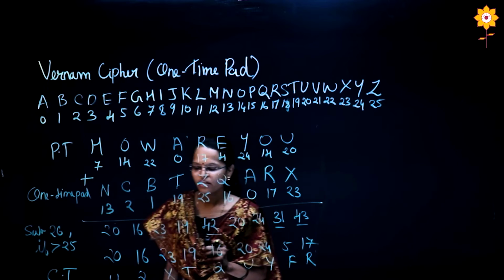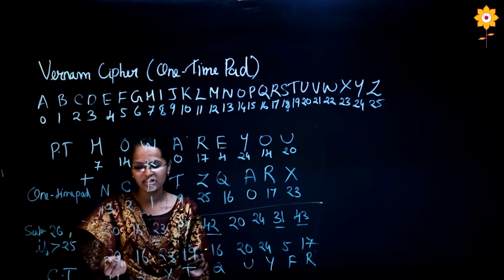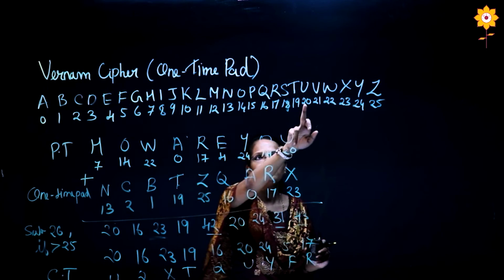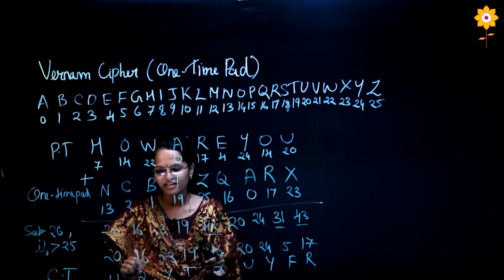Now we need to check which alphabet is present at each location. In the set of alphabets that we have written, at 20 we have written U. So we need to write the character present at that location.